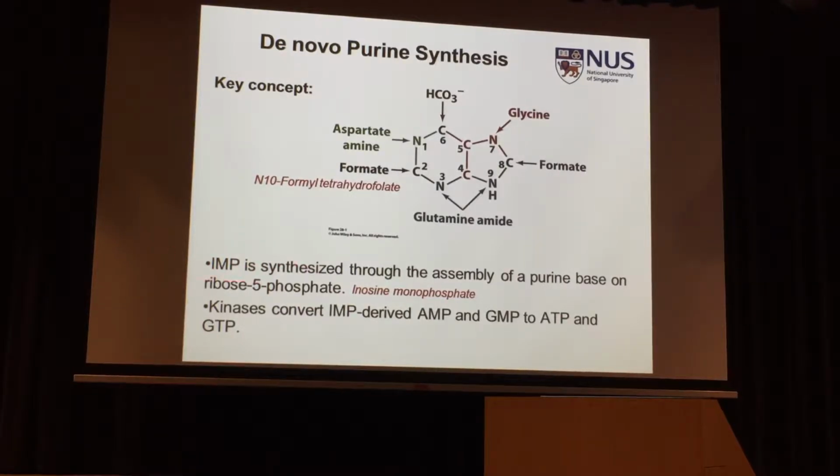So we'll see how we can get A and G from I. This IMP is synthesized through a purine base on the ribose 5-phosphate. After IMP is produced, you will derive AMP and GMP, and kinases will then add the extra phosphates onto it to give ATP and GTP.